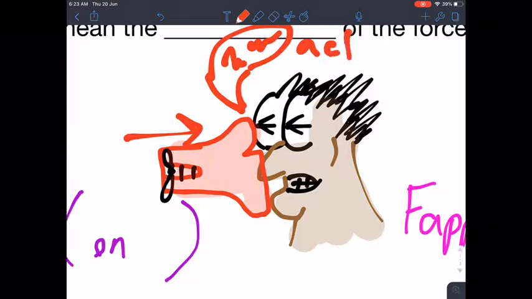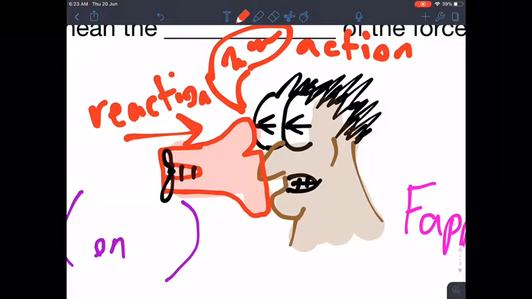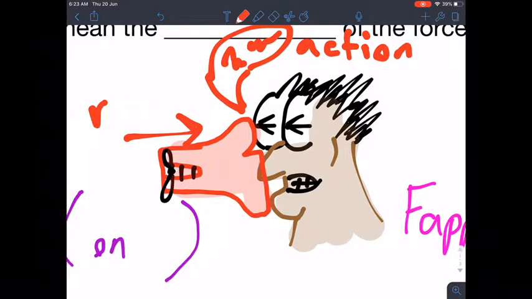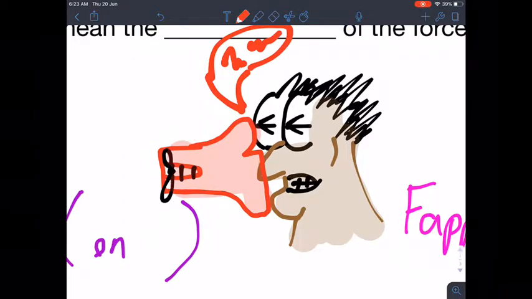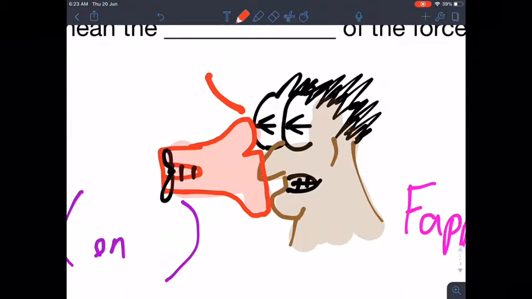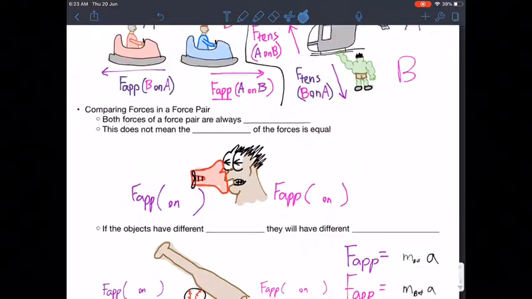This was the action, and that was my reaction. Now, ignoring the fact that that's an inappropriate reaction when people say words to you, that also is not what Newton was talking about when he was writing Newton's third law.